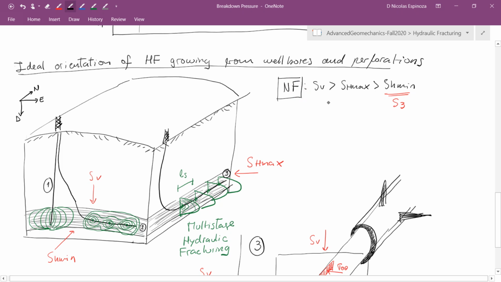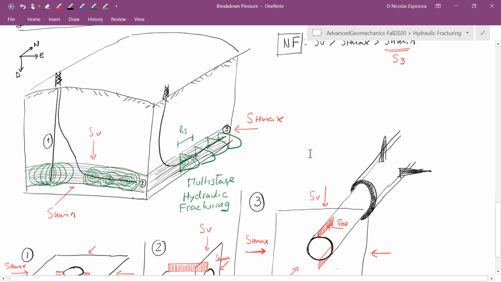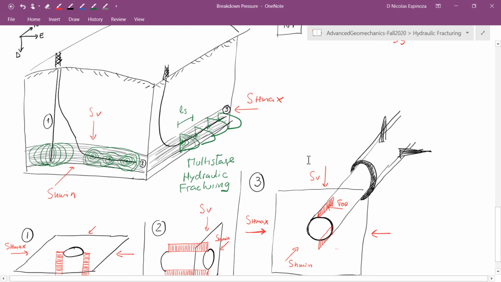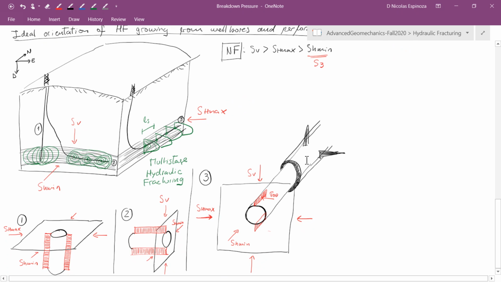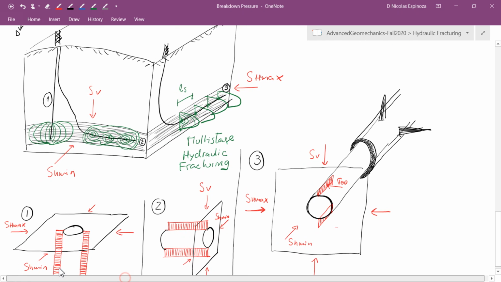All right, in this case, what we are going to observe is the following. Let's go first with case number 1. Case number 1, extending the discussion that we had before, is what we see over here.